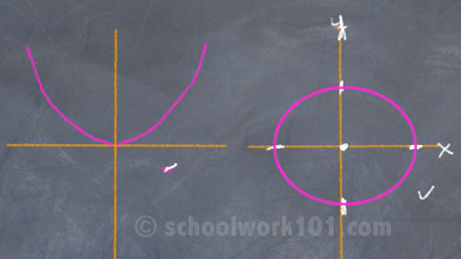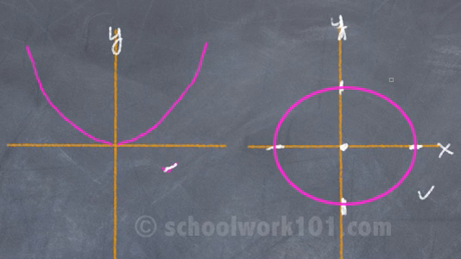The way you can see that is, pretend the y-axis is a mirror, and what you get over here in quadrant 1 and quadrant 2 is just a mirror image of each other. So this is symmetric about the y-axis.